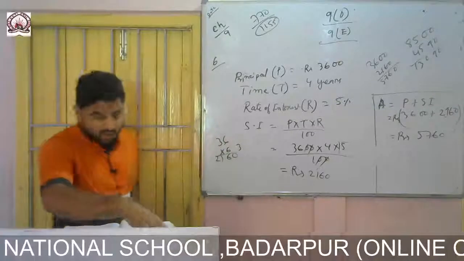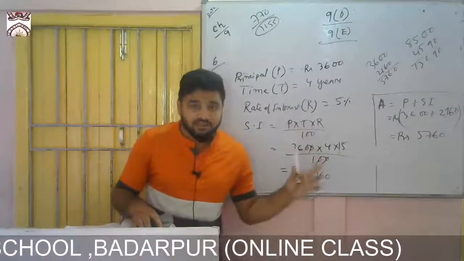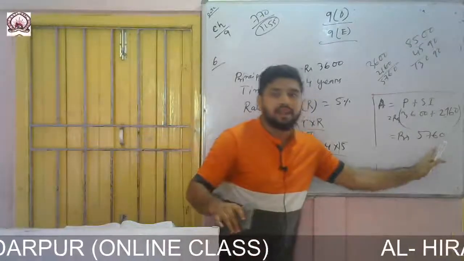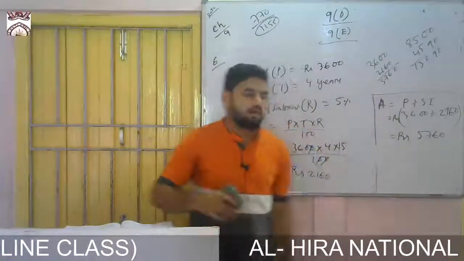This is the amount. Since he paid rupees 9,000, from 9,000 I need to subtract this. Then the money that remains will be the cost of the cow.